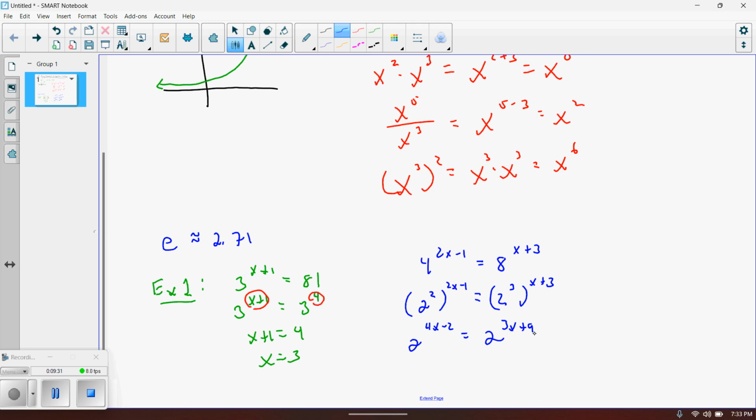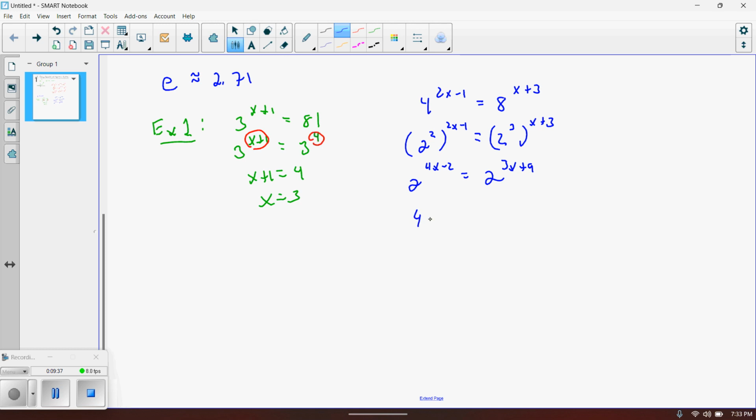So if I've got 2 raised to a power equals 2 raised to a power, that means the powers must be equal to each other. So 4x minus 2 has to be equivalent to 3x plus 9. We subtract 3x on both sides and add 2 to both sides, and we get that x equals 11. And that would satisfy your equation.